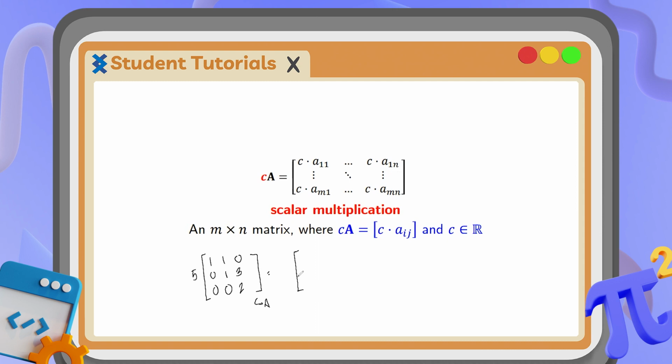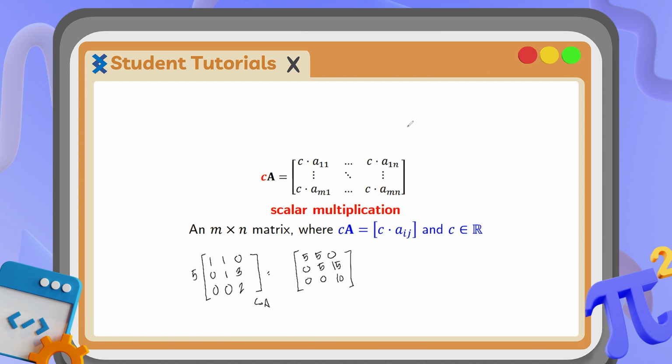So with that, our result would be to multiply 5 to each element. So that would be 5, 5, 0, 0, 5, 15, and 0, 0, 10. And that would be for scalar multiplication.